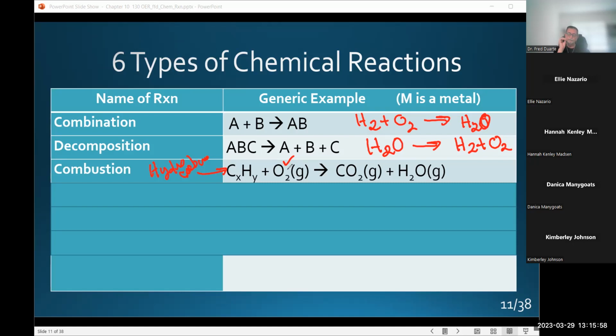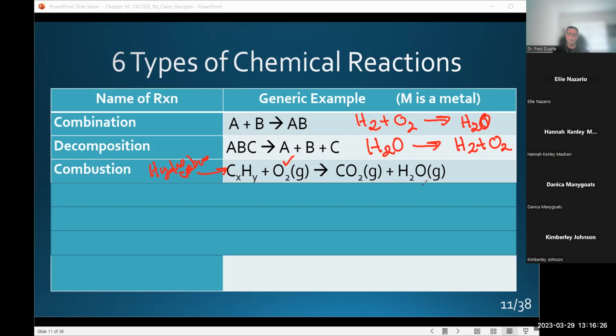Now, we're going to assume that the combustion process is 100% efficient, which in reality it's not, but we're going to make that assumption for this type of exercise. That means the combustion of the hydrocarbon only yields two products. One is carbon dioxide, and the other product is water.